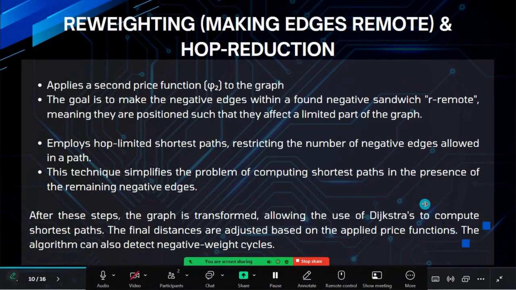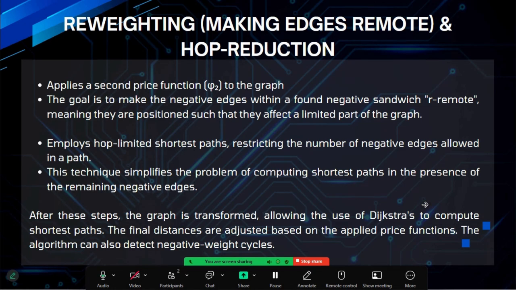Lastly, all the approaches are quite similar and interlinked. Here also we apply a second price function to the graph, and the goal is to make the negative edges within our found negative sandwich R-remote. Then we employ the hop limited shortest path, which basically means allowing a limited number of negative edges per path. This involves alternating between a round of Bellman-Ford on negative edges and Dijkstra's algorithm on the rest.